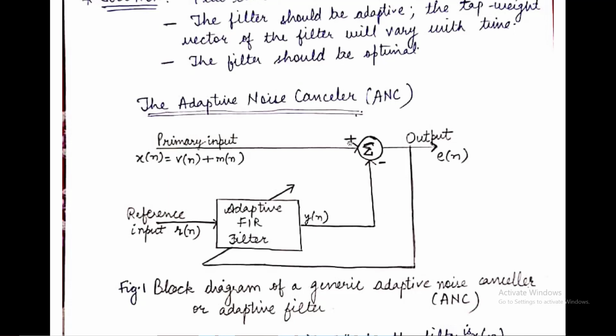When we subtract this Yn from Xn, we get En, and our motive is to minimize this En. En is the input to this adaptive filter, and by varying the tap weights, Yn should closely represent the noise, and we can subtract it to obtain the desired signal, that is Vn.